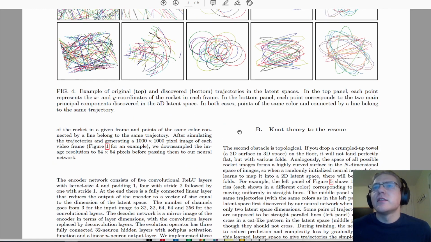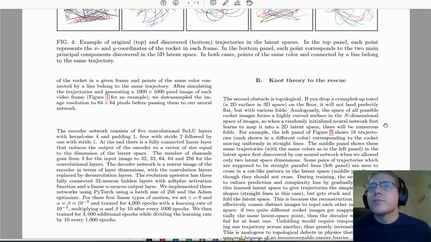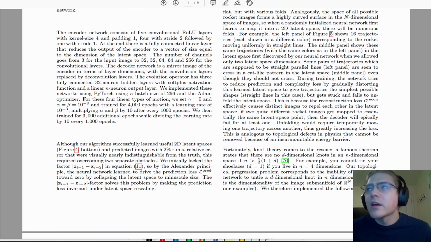But this here is really interesting. This guy right here. There is a theorem in knot theory that says you can't have a d-dimensional knot in an n-dimensional space if n is greater than 3/2 times one more than the dimension.